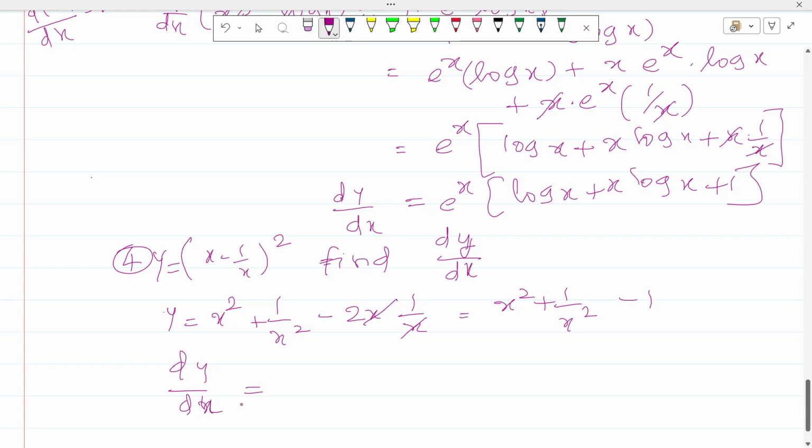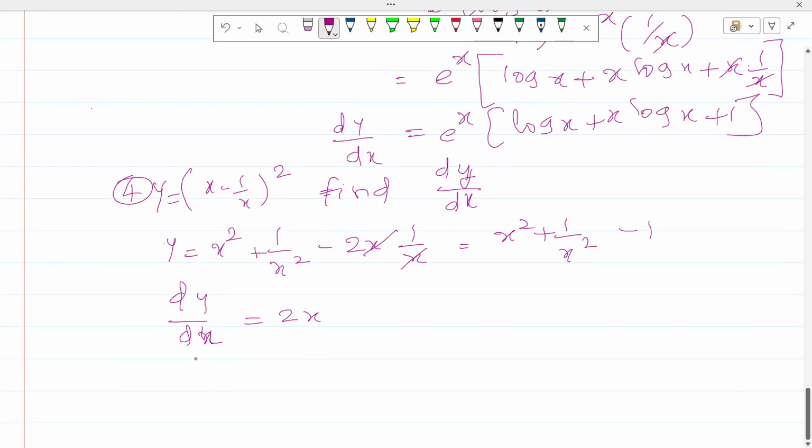equal to differentiation of x square is 2x, differentiation of 1 by x square. What is differentiation of 1 by x square? The formula is there: differentiation of 1 by x power p equal to minus p divided by x power p plus 1.